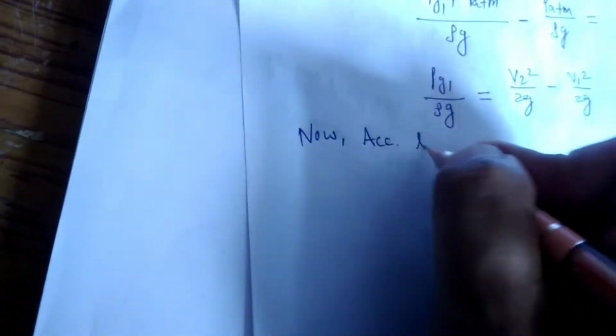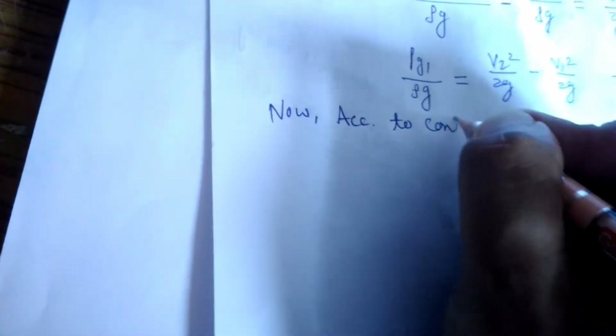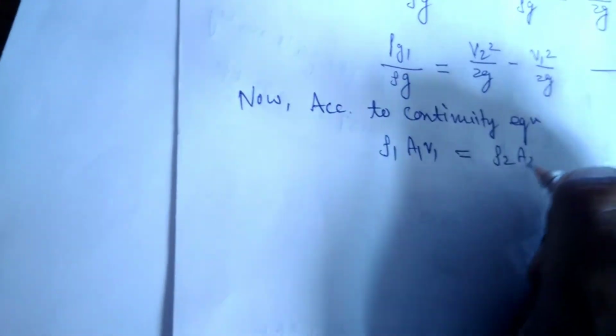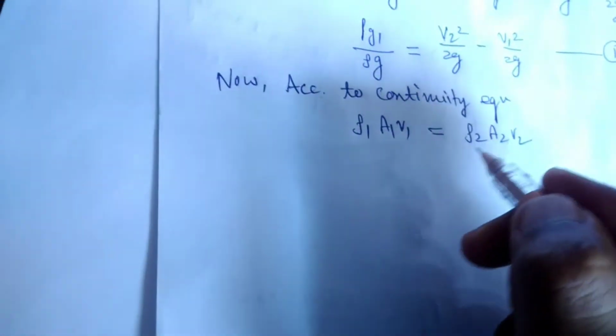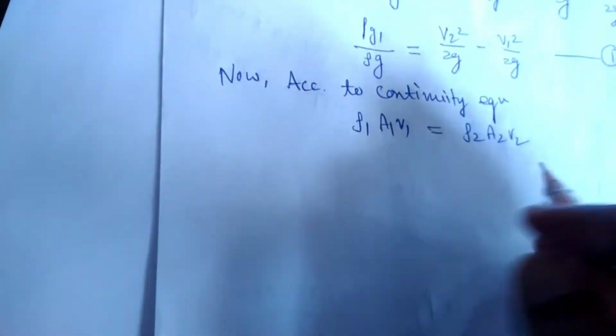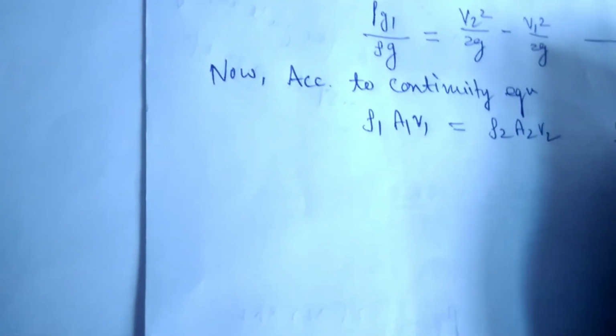Now according to the continuity equation, rho 1 A1 V1 is equal to rho 2 A2 V2. Here the density of the air is constant throughout the process, so rho 1 equals rho 2.